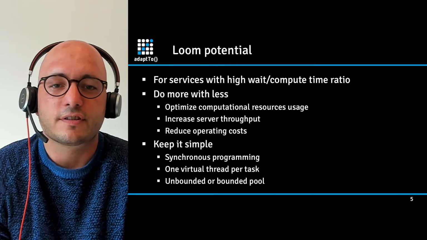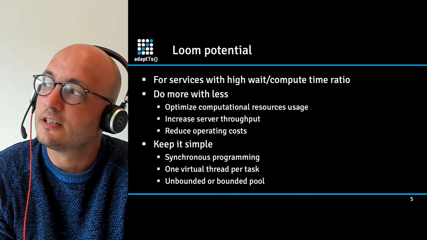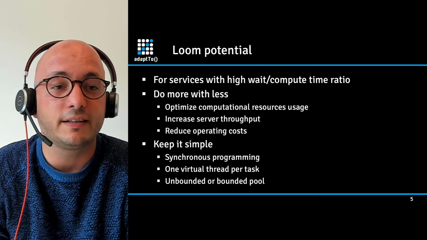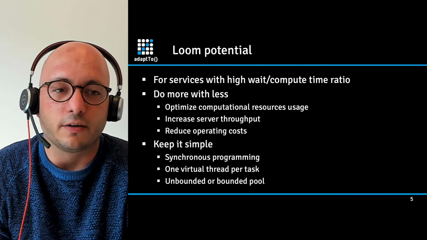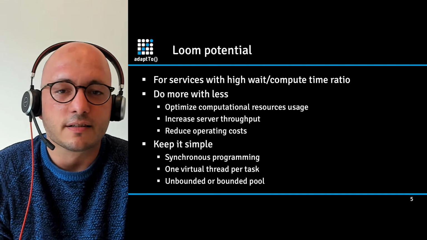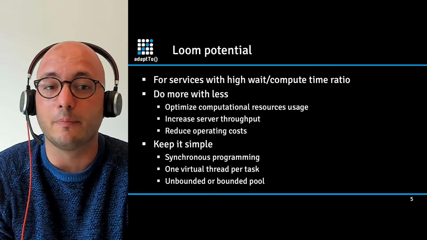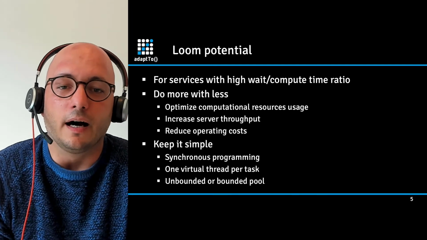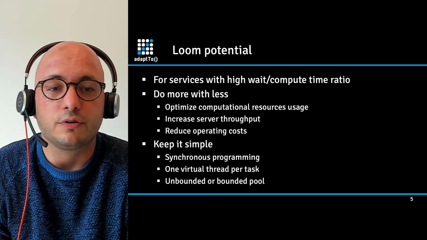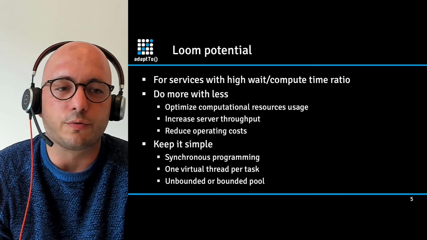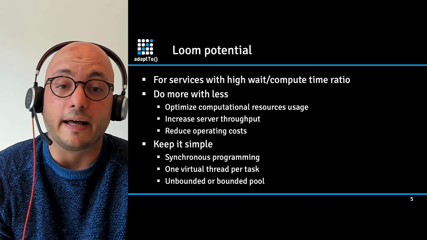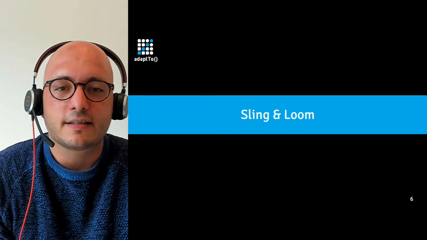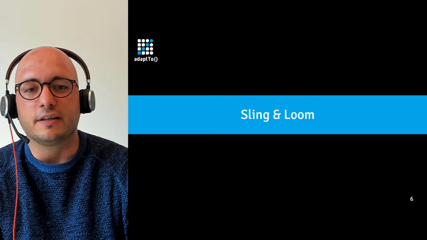For services whose request handling consists of a lot of waiting time, typically waiting on I/O or on some events, we could think of using an unbounded pool of virtual threads to serve the requests. By doing this simple change, we could expect higher throughput and lower resource usage, and all that without the complexity of async programming. Let's see how this applies to Apache Sling.